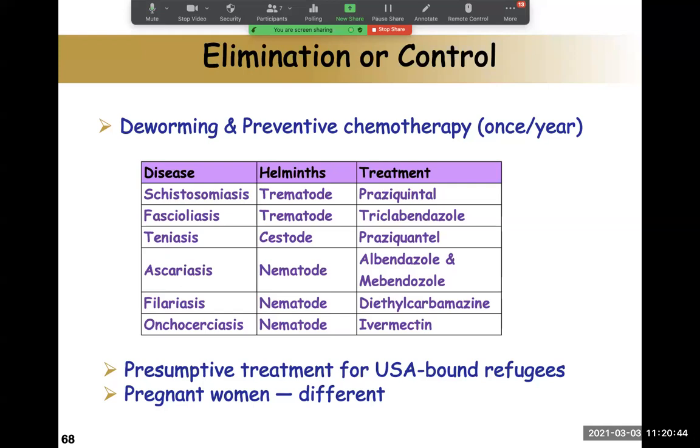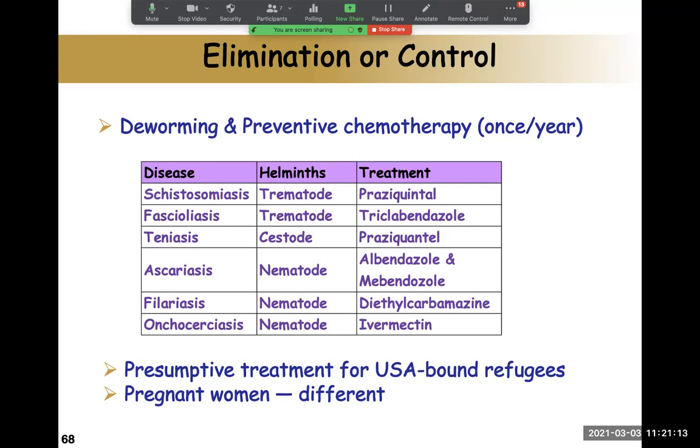And thanks to Bill Gates and a couple of other entrepreneurs who are really putting in the money to help with these third world diseases, the Carter Foundation as well as Bill Gates. Carter focuses on onchocerciasis, but of course Bill Gates has more money to focus on multiple fronts. Interestingly, for deworming and preventative therapy, you only need to give them once a year.